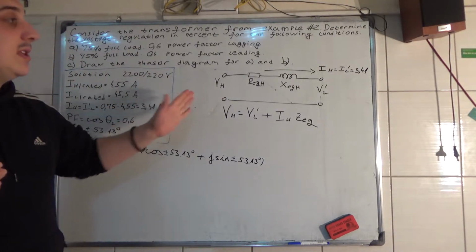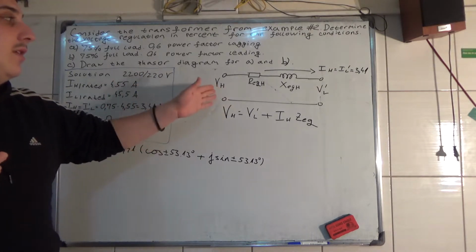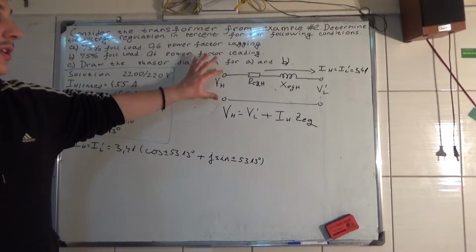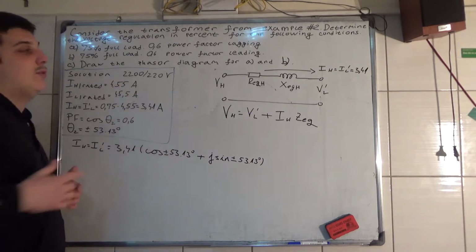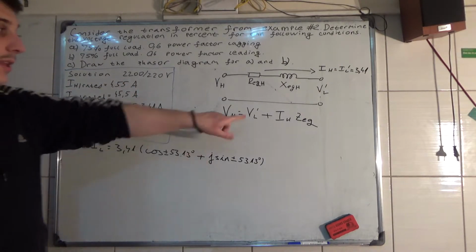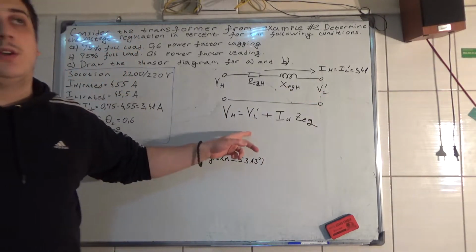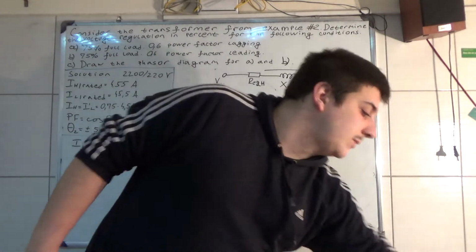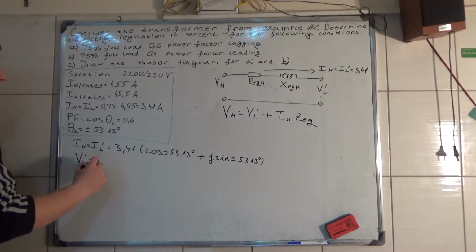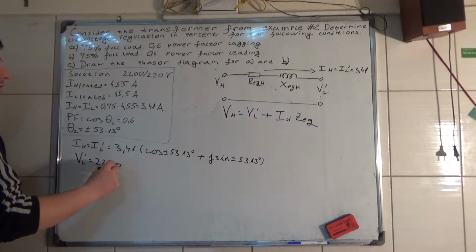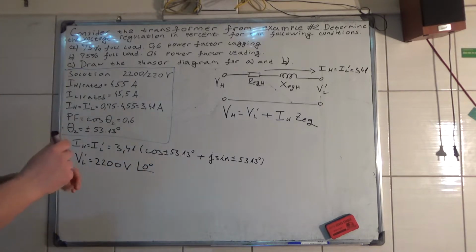So you will see how much of this high voltage we must bring on this side so that the load will be 2200 volts and zero phase degrees. So this here is a constant and it doesn't change. The low voltage terminal, referred to the primary side, is 2200 volts, 0 degrees.